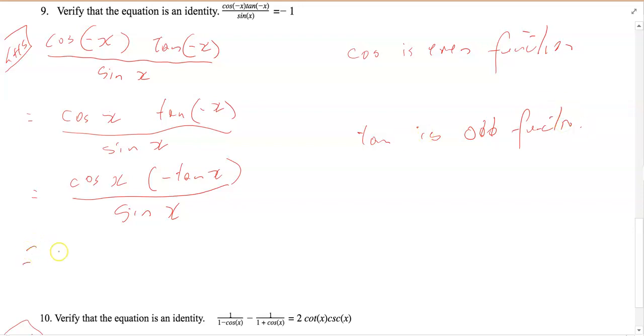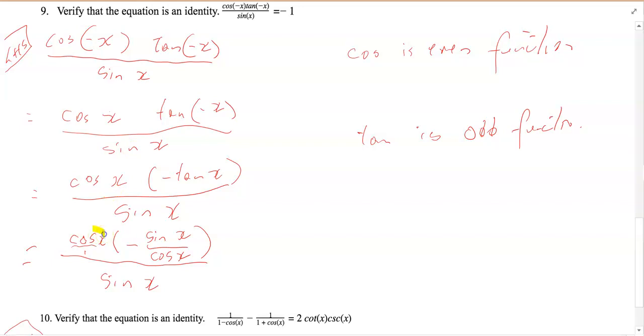Okay, then we're going to continue doing some more stuff. Cosine of x times tan of x, which is the same as sine of x over cosine of x. Don't forget your negative sign, all that over sine of x. So now we know that cosine of x we can write as cosine of x over 1.